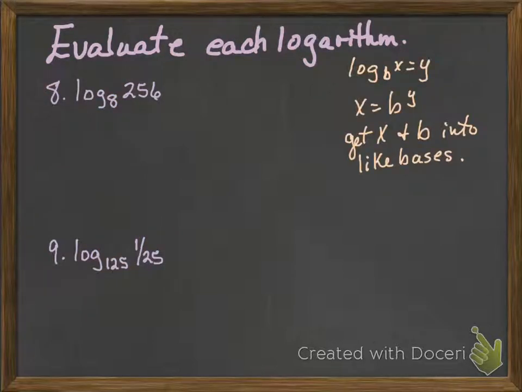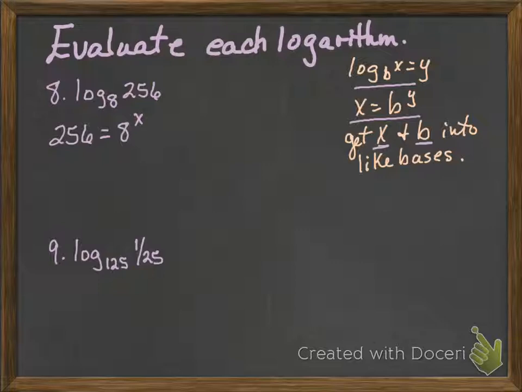All right. Number 8 and 9 says to evaluate each logarithm. Okay, so we've got the logarithmic form. We turn it back into exponential form, and then we're going to get x and b into like bases and then solve for x in the exponents. Alright, so first of all, let's turn this back into 256 is equal to 8 to the x power.